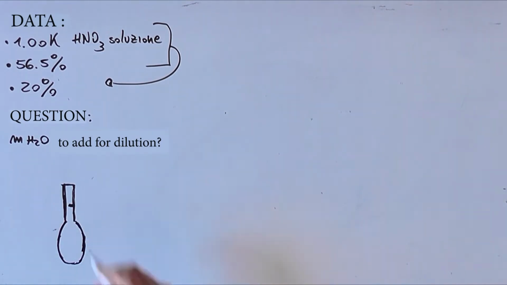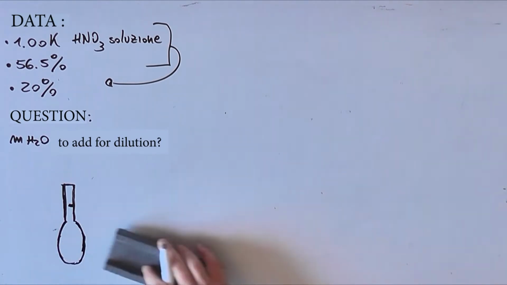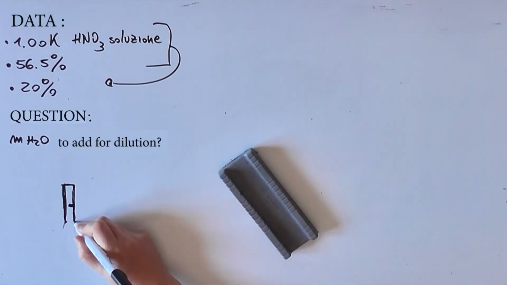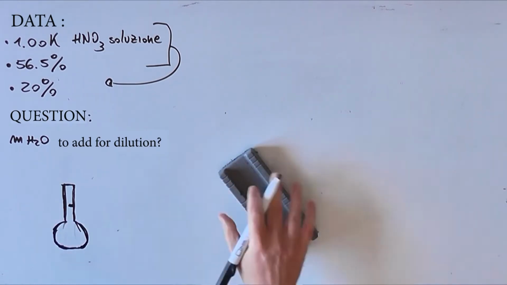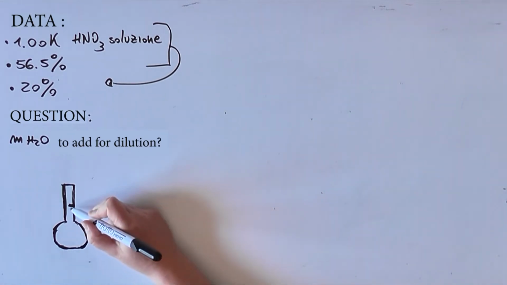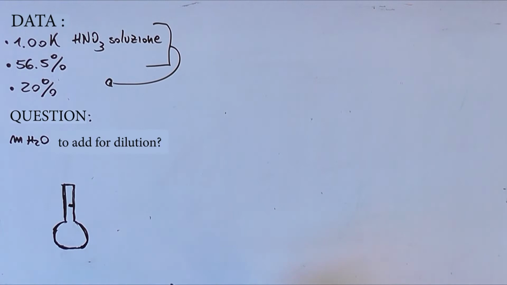This flask has a line here to indicate the volume. So inside this flask there is the solution we made. The solution has a concentration of 56.5% by mass of nitric acid.